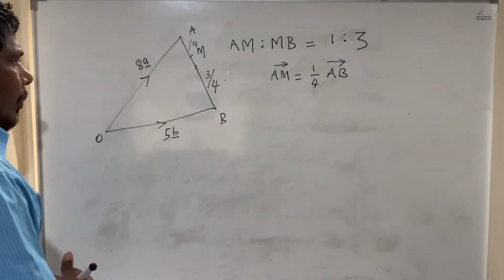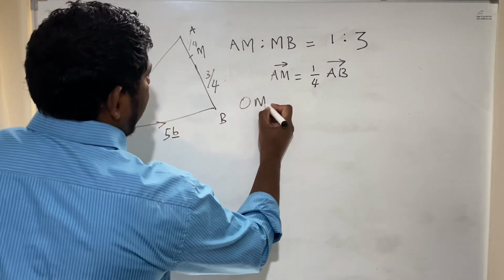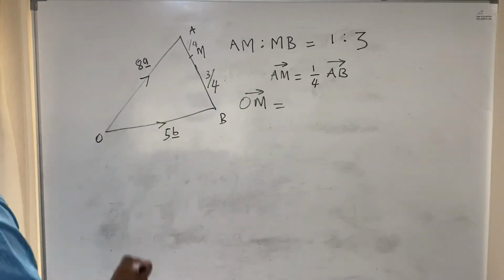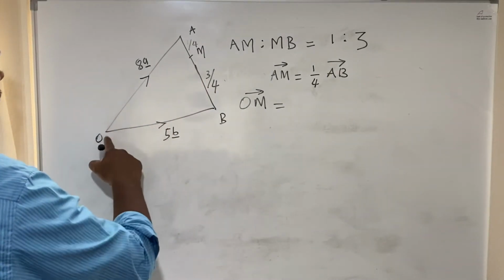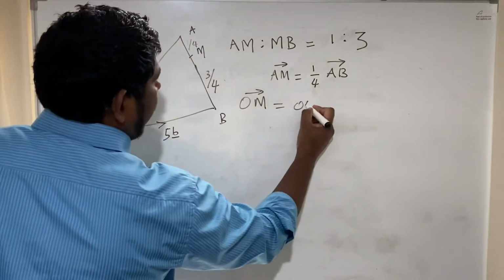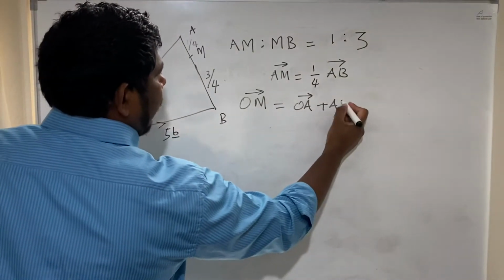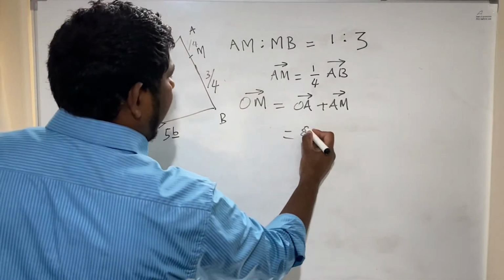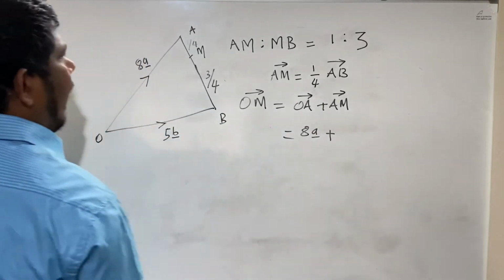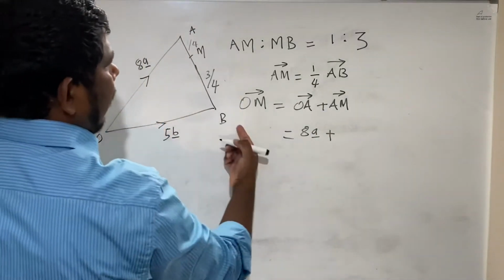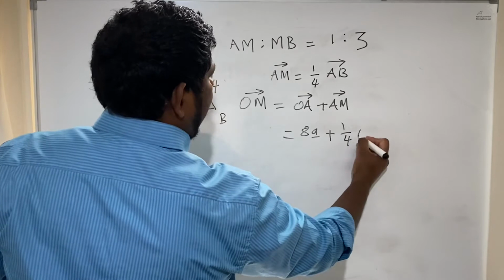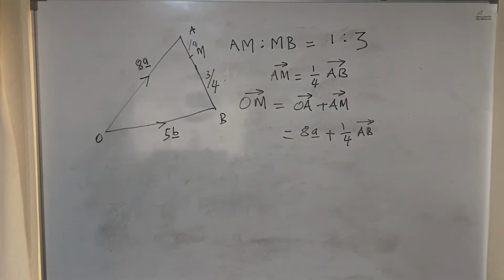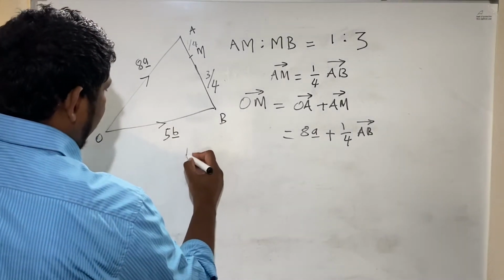Now, the question is OM, so we need to get first a rough idea how we get the OM. OM is equal to OA plus AM. And vector OA is 8A plus AM is quarter of vector AB. So we need to find what is the AB.